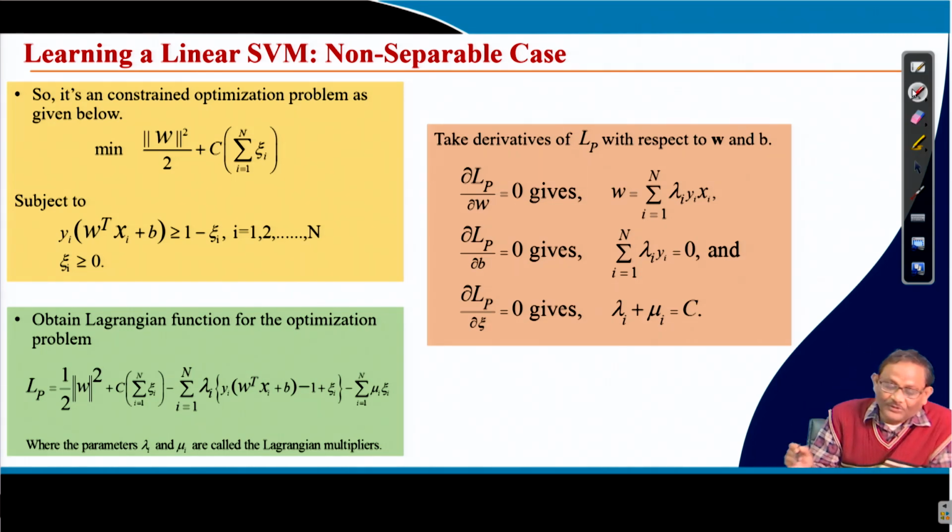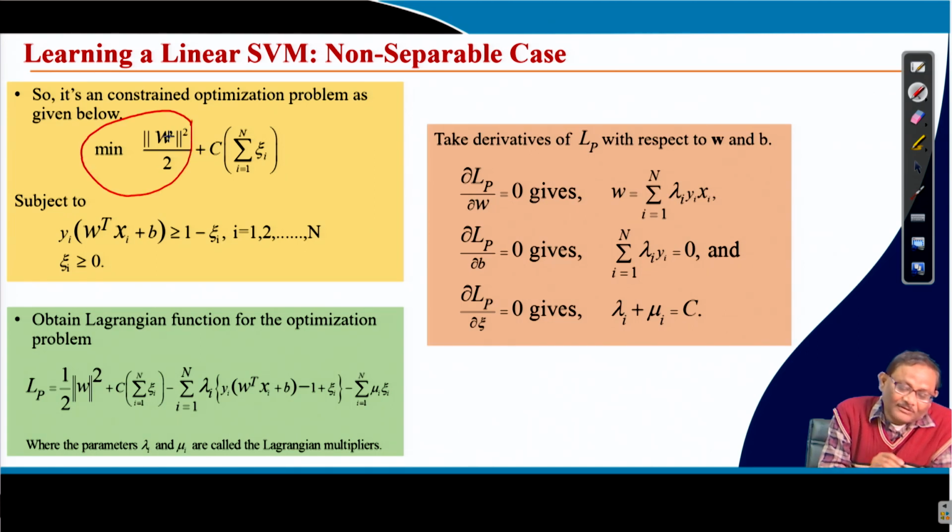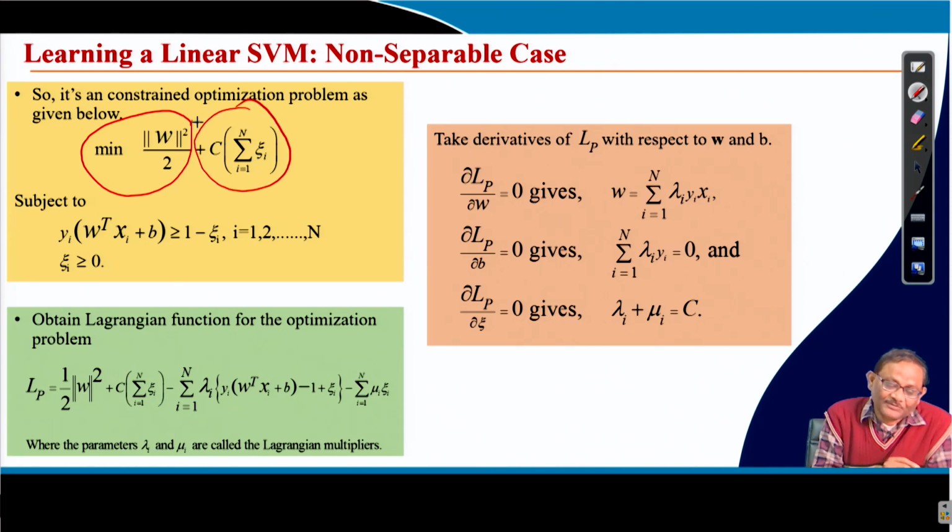First, I told you that our minimization problem for the completely separable case was this. Now this additional portion is added. For the completely separable case, the constraint was this one. Now in the first constraint, this part is added.